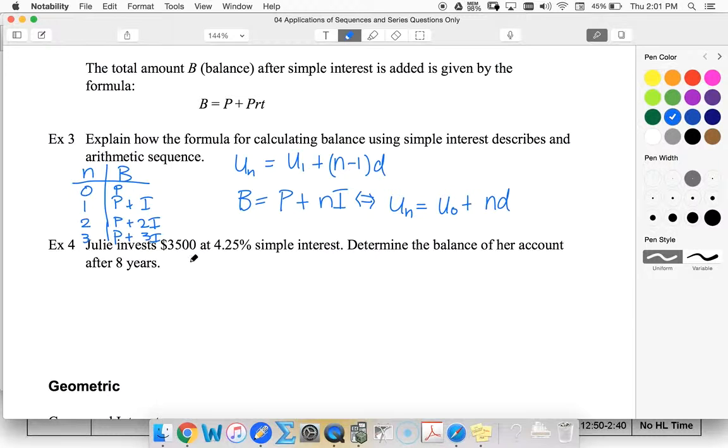So we invest $3,500 at 4.25% simple interest, determine the balance after 8 years. So the balance after 8 years is going to be the principal plus the principal times the interest rate times the time.